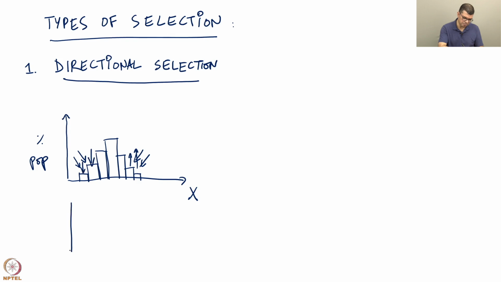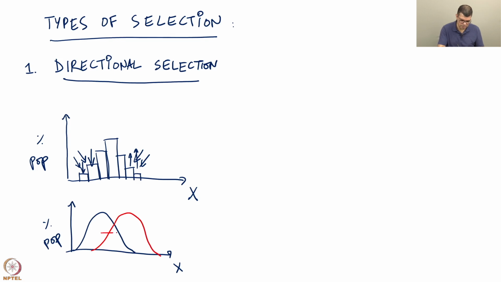And this change can be summarized as that at an earlier generation, this distribution looked like the following. But as time passed, because higher X valued individuals were at a higher fitness, this population moved in this particular direction.